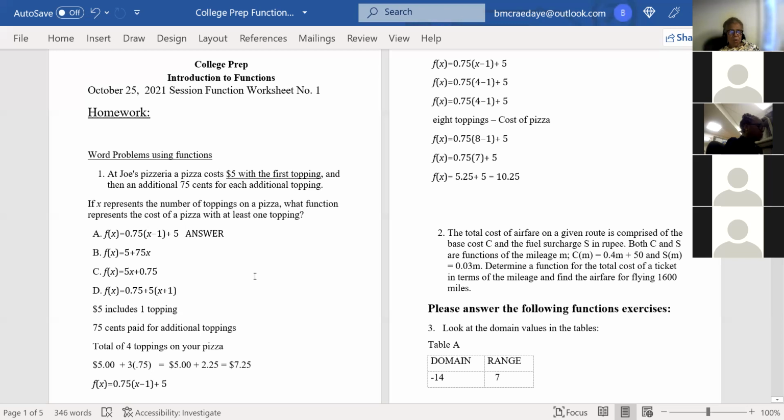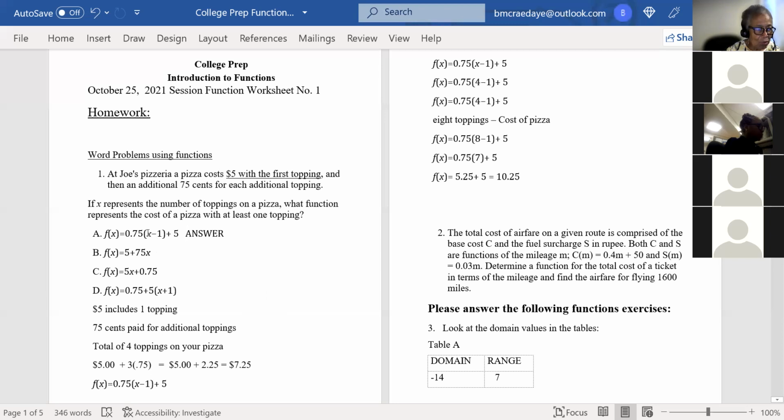So if you had two toppings on your pizza, this would be 75 cents times 2 minus 1, which is 1. So your cost of your pizza would be $5 plus 75 cents. You wouldn't pay for the 2 because 1 is already in that $5. Where the x is, it was a 2.